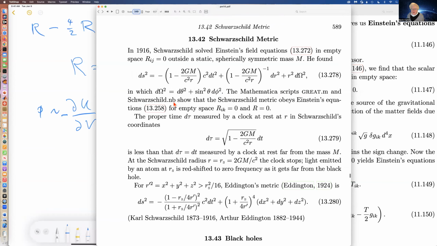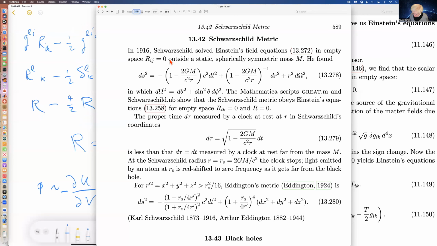All right, let me just focus maybe for a moment here on the Schwarzschild metric, which is a solution of Einstein's equations. Remember, I said you can have Einstein's equations, which are the Einstein tensor equals 0.